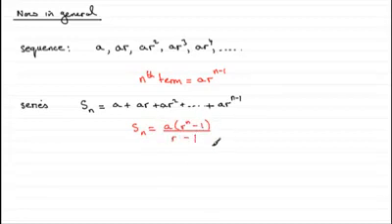Mind you, some people prefer to use another formula rather than this one. If we multiply top and bottom by -1, you end up with a times, and we can switch the terms in this top bracket around and get 1 minus r to the power n, and we switch the terms around the bottom, because if we multiply this by -1 we get minus r plus 1, which we prefer to write as 1 minus r.